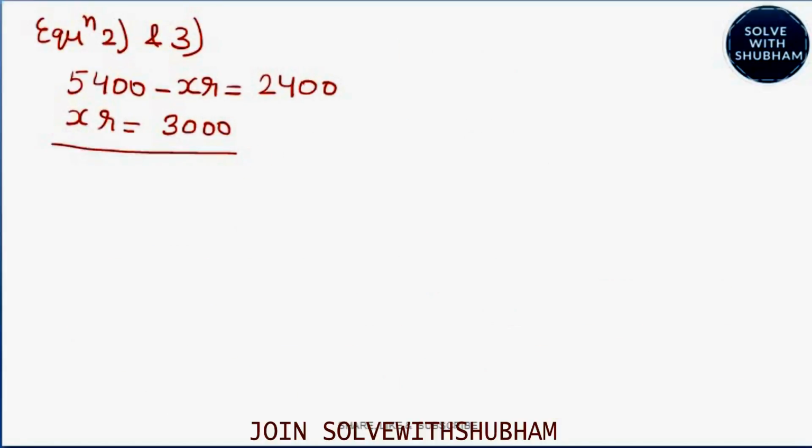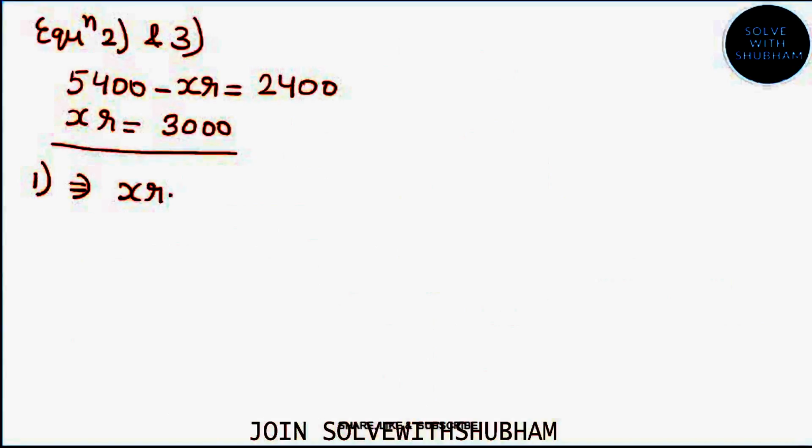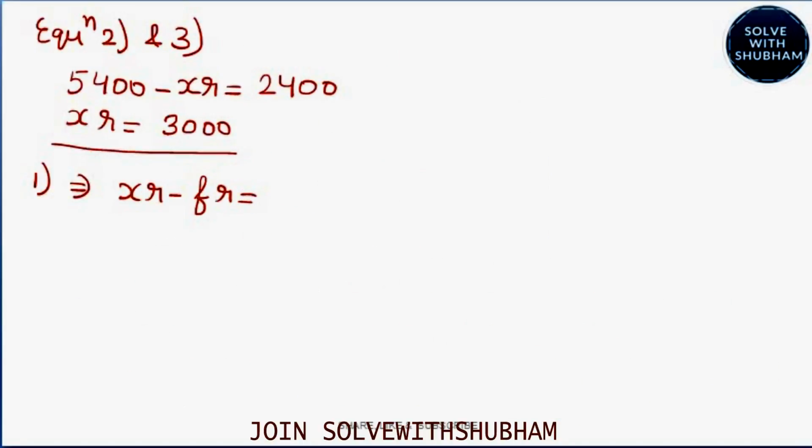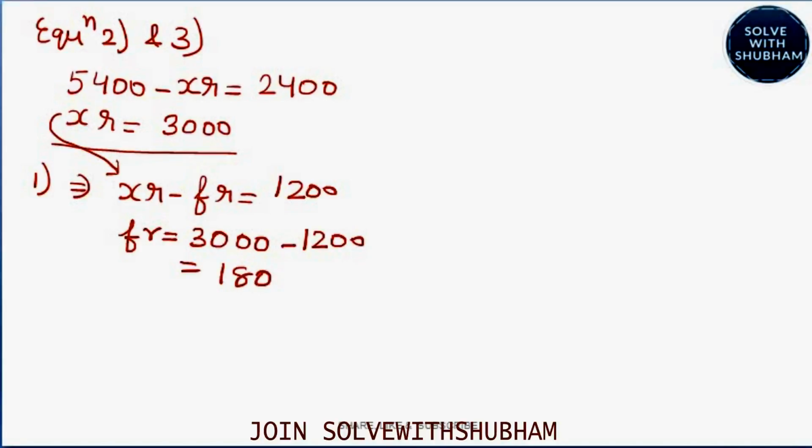Can we put this XR 3000 in equation 1? What is our equation 1? Equation 1 is XR minus FR is equal to 1200. This is XR 3000. So basically you get FR as 3000 minus 1200, which is nothing but 1800.